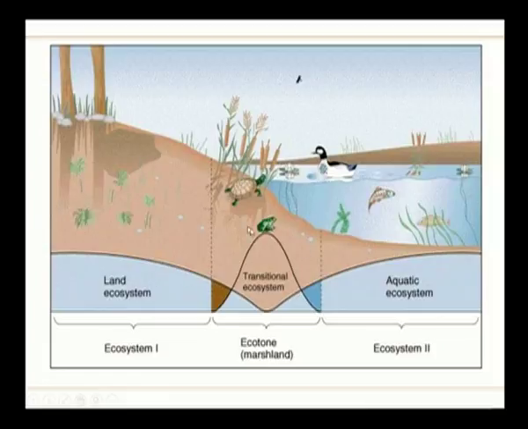But animals such as a tortoise or a frog can stay both on land and in water. So, this forms a transitional ecosystem. They can depend on both the aquatic and the land ecosystem. This transition ecosystem is called an ecotone, which usually happens in marshlands.